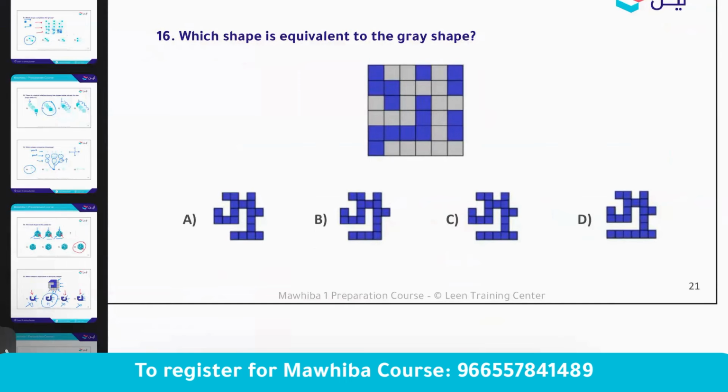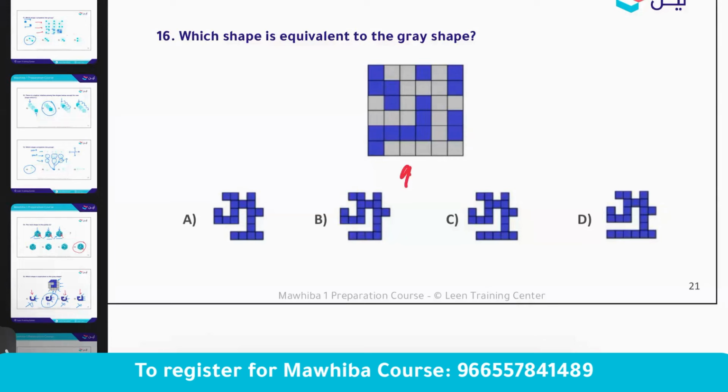Take a few seconds, try to pause the video and check the question. So over here, which shape is equivalent to the gray shape? I am going to pick an easy side and examine the triangles over there. So I'm going to pick this bottom part.